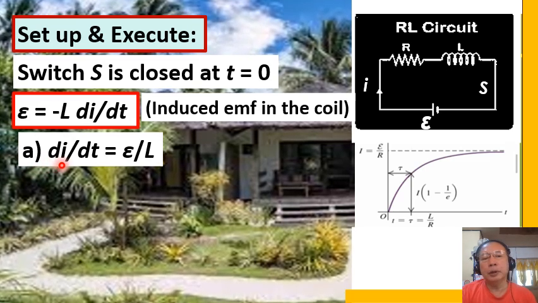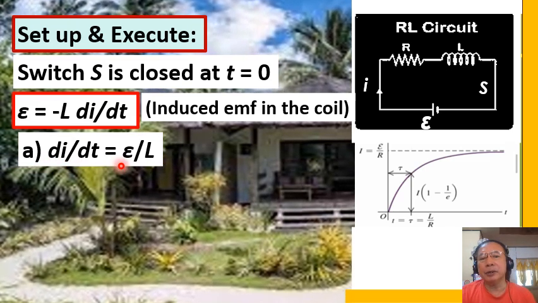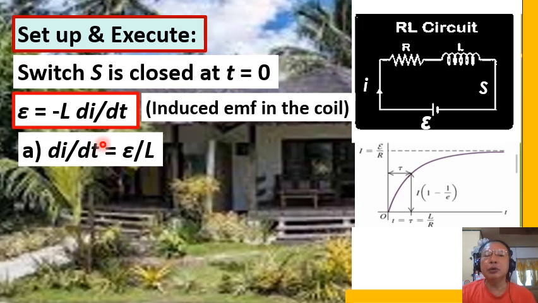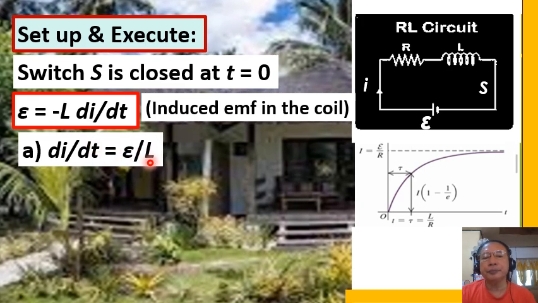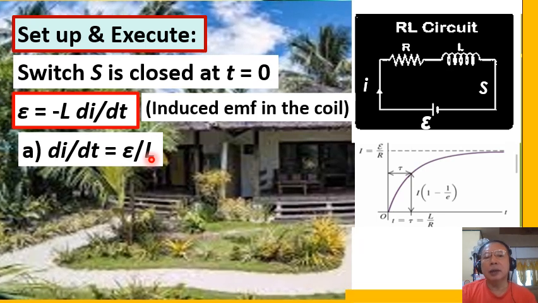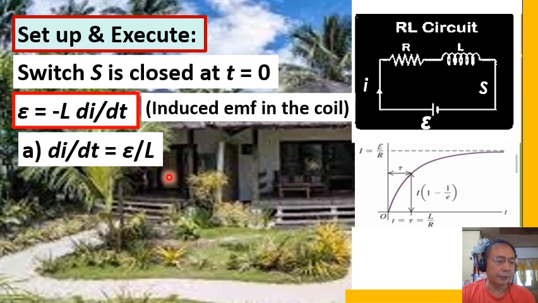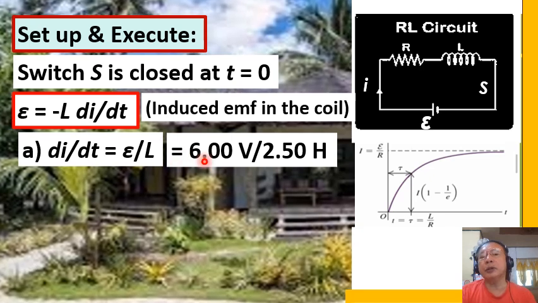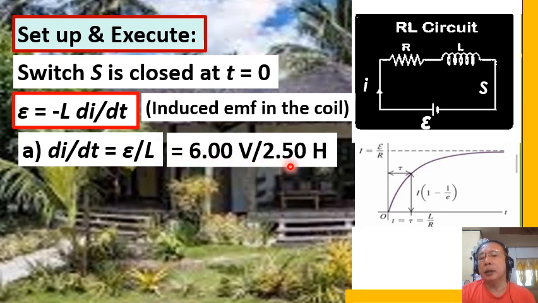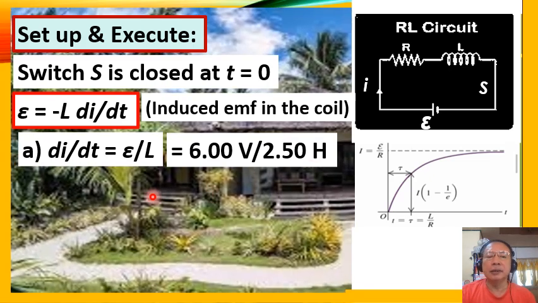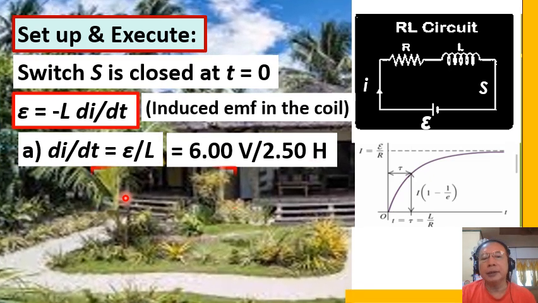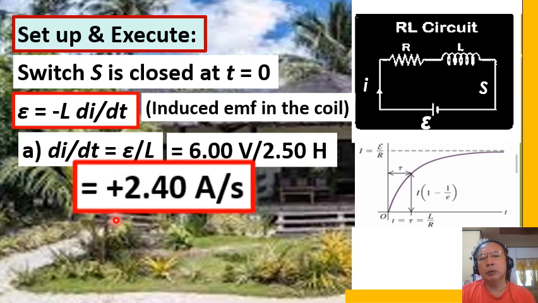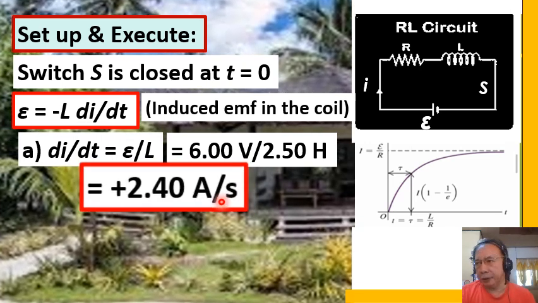So the rate of increase in the current at time equals 0, or di over dt, is just equal to the induced EMF, epsilon, over the self-inductance, capital L. That is, di over dt equals 6.00 volts divided by 2.50 Henry, which, when we simplify, we get the value of the rate of increase in the current at time equals 0 equal to positive 2.40 amperes per second.